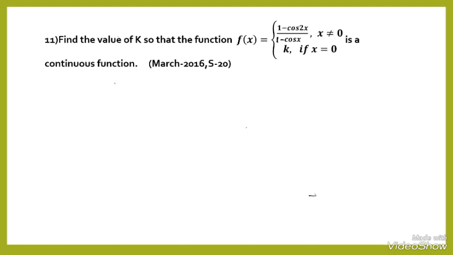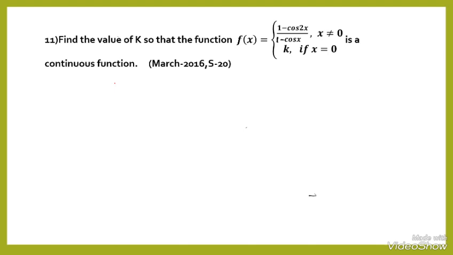Here I am writing the function: (1 minus cos 2x) divided by (1 minus cos x). When I substitute 0 here, we get 0 by 0 form. That's why I am taking the simplest form. I can write 1 minus cos 2x in the form of 2 sine square x, because we know the formula.